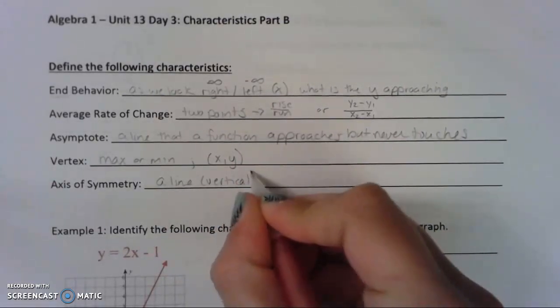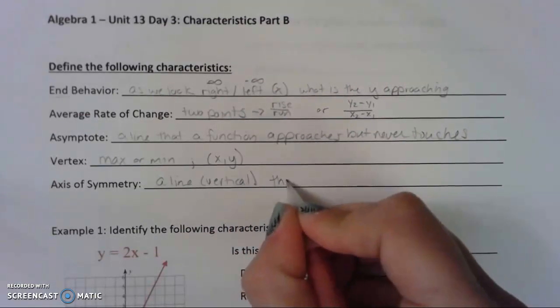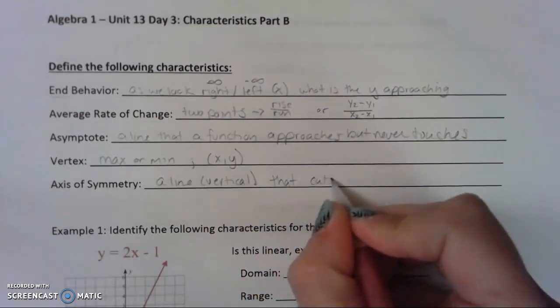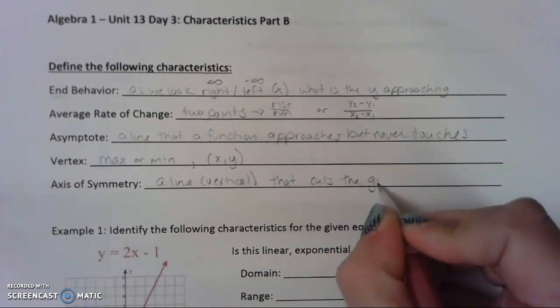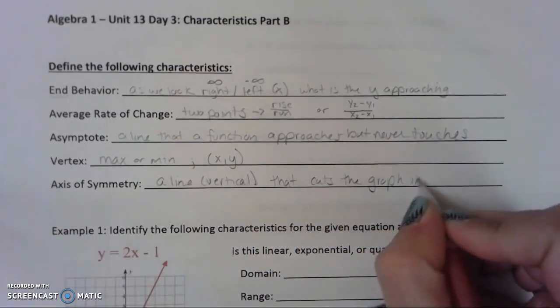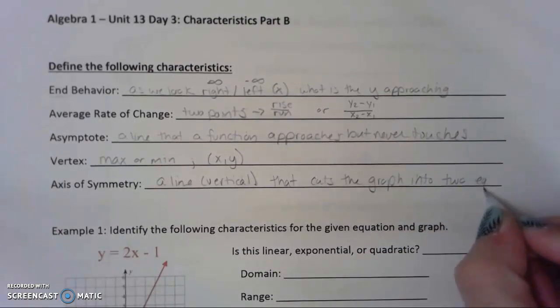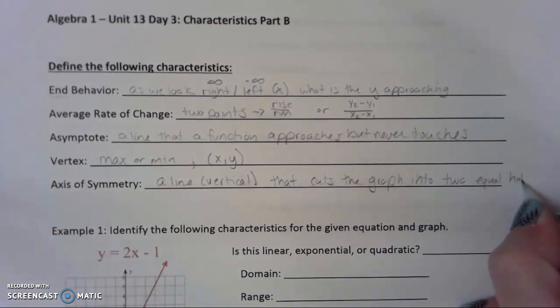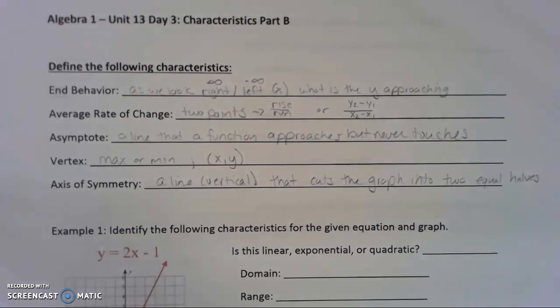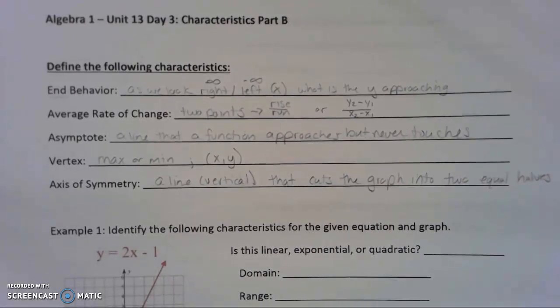It's a vertical line that cuts the graph into 2 equal halves. Okay, so remember, this is the line that's going to show us the symmetry, where the left side and the right side need to be exactly the mirror image of each other. Okay, so let's go ahead and let's start filling some of these out.